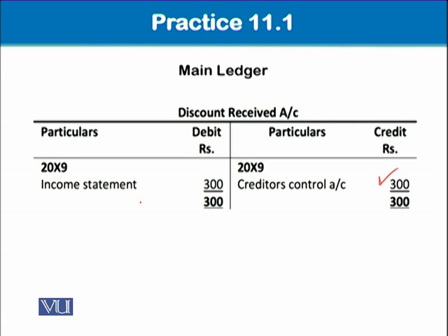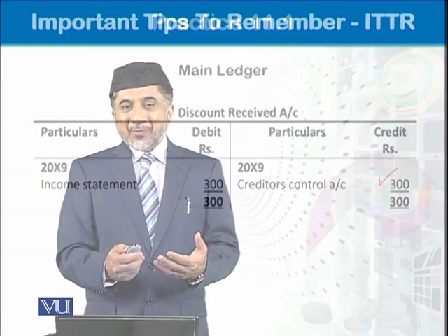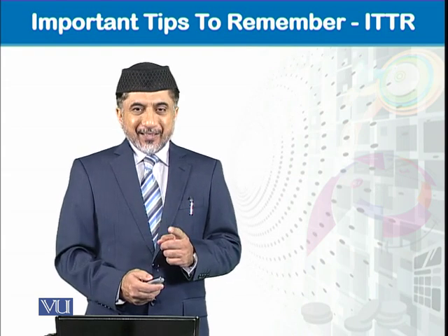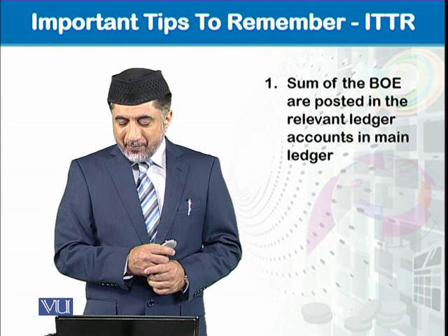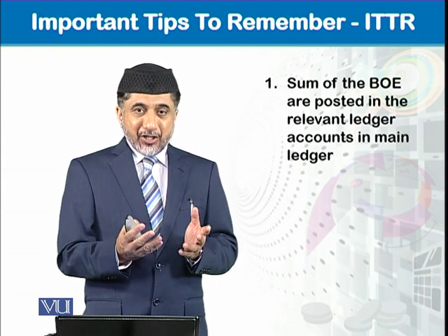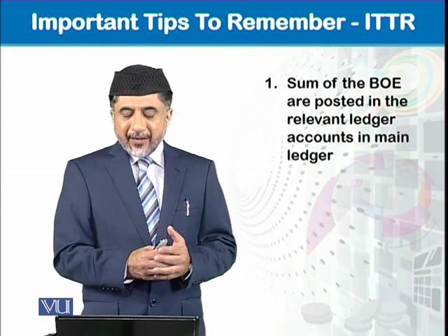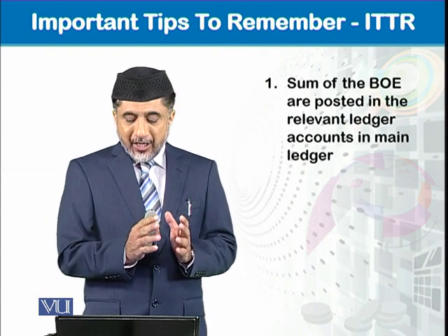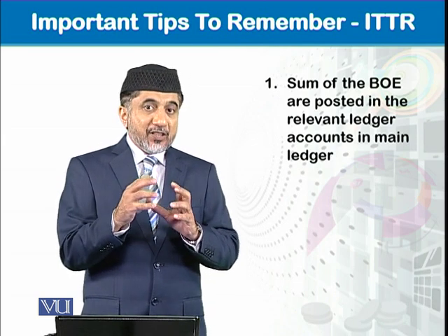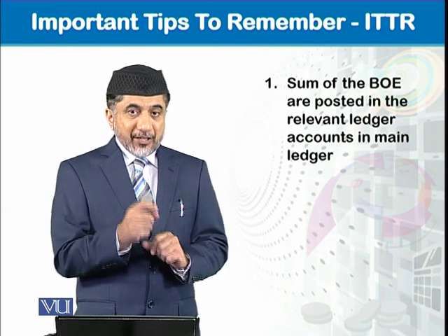The important tips to remember in this very lengthy but very important module are that some of the books of original entries, means the journals, are posted in the relevant ledger accounts in the main ledger. Main ledger is prepared with the total of the books of original entries.